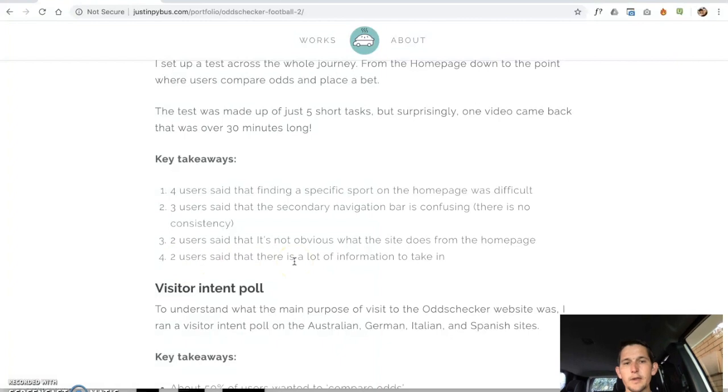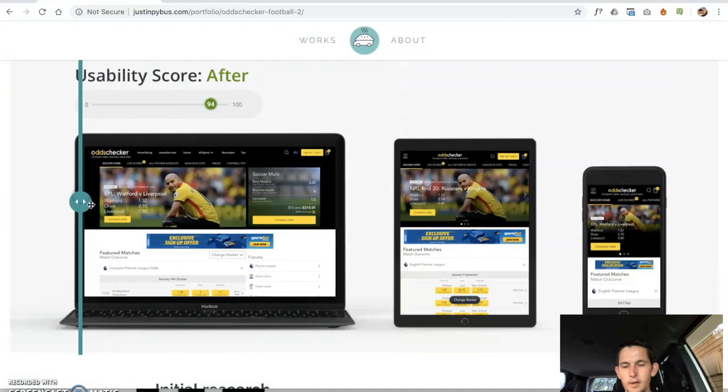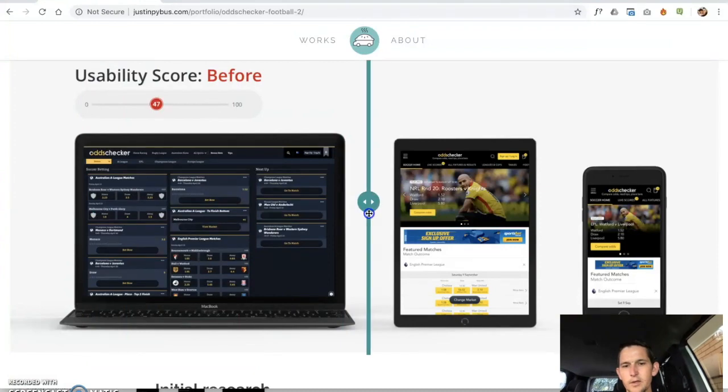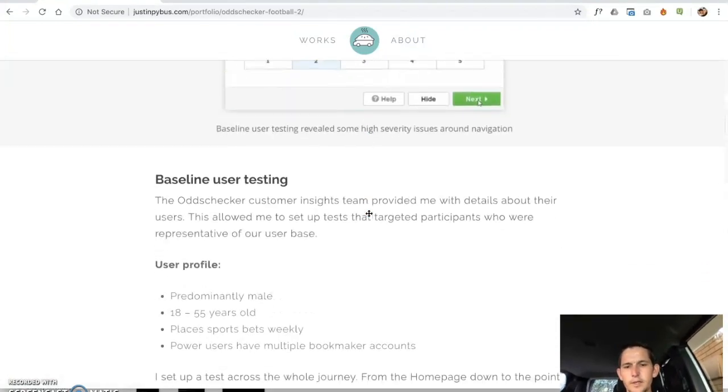And I would probably put that down to the dark interface, because a dark interface like this, it's quite hard to take in such a lot of data. As you can see from the redesigned interface, it's a lot more spacious, it's white, it's a lot easier to take in the information. So these were some issues that we tried to address in the redesign.